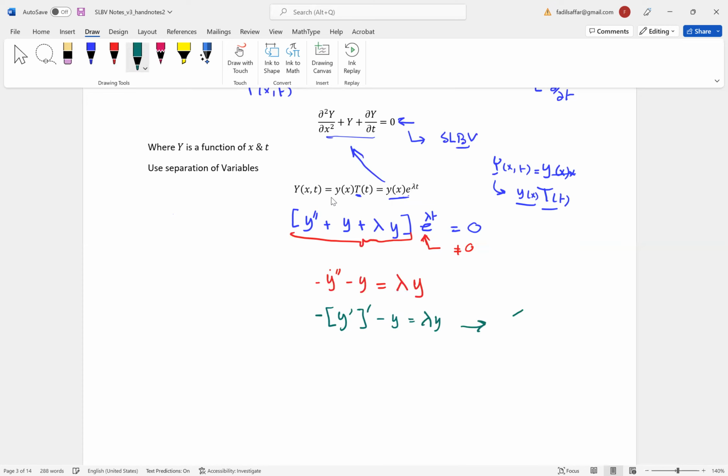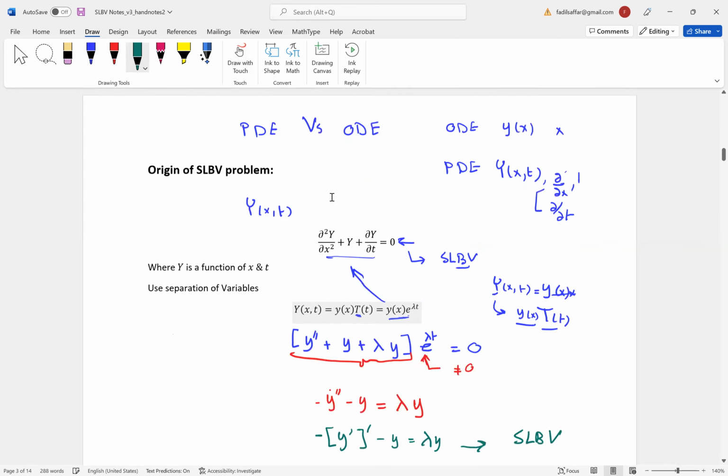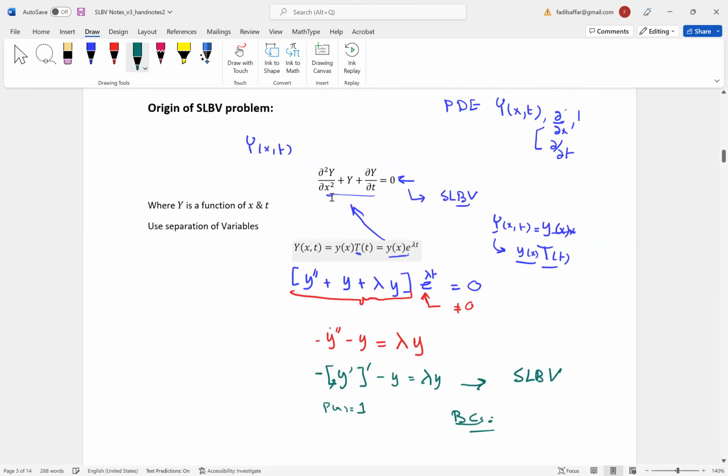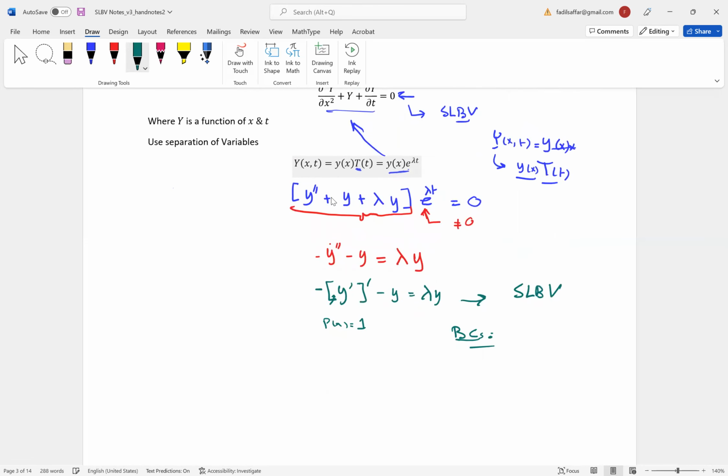This is our SLBV problem. And now, if you remember here, we used to have a p of x, but in this case, p of x just happened to be a 1. So this is the origin of the SLBV problem, and we just now need to add, for sure, the boundary conditions to it, and that's where it comes from.